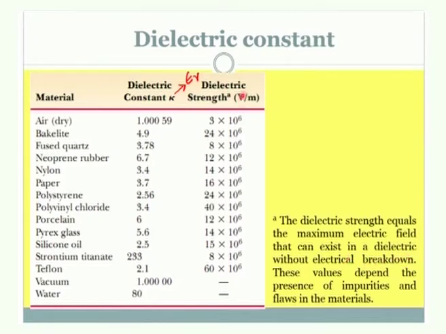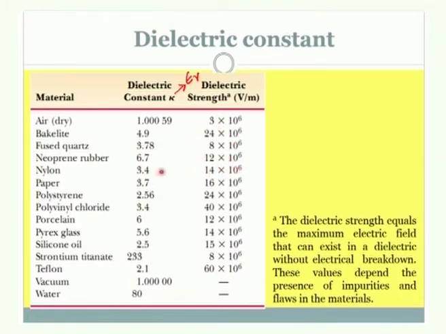The unit for that is the voltage applied per unit length, so V divided by m is the unit for the dielectric strength. Maybe one or two values we can take, like nylon: the dielectric constant is 3.4 and the dielectric strength is 14 into 10 to the power 6.